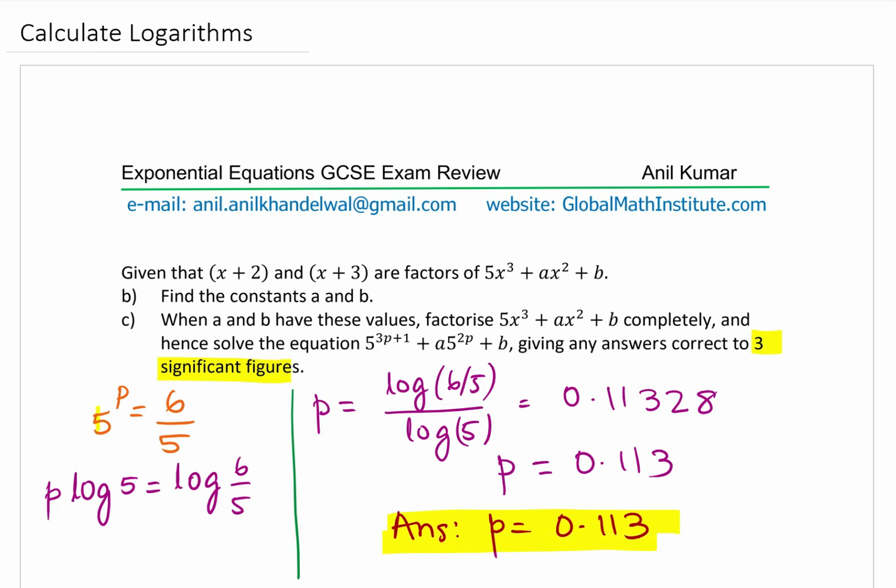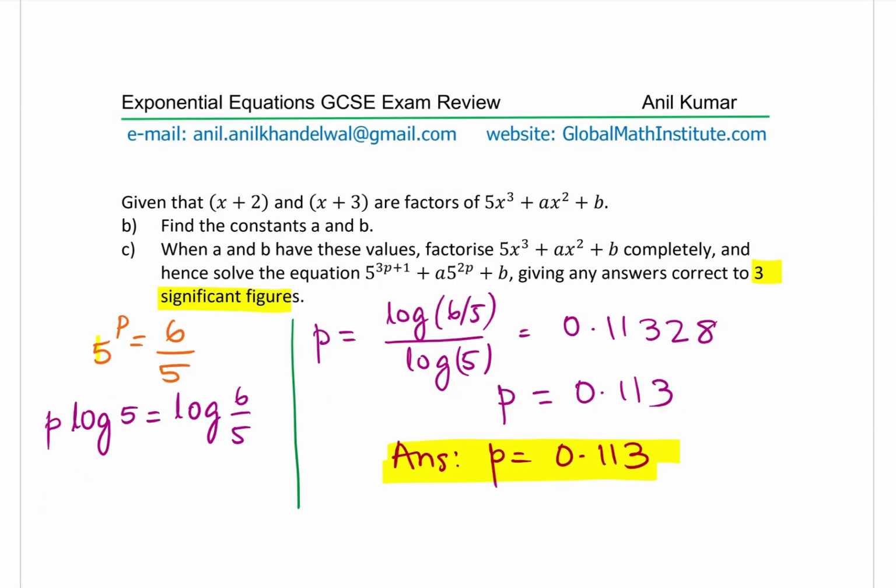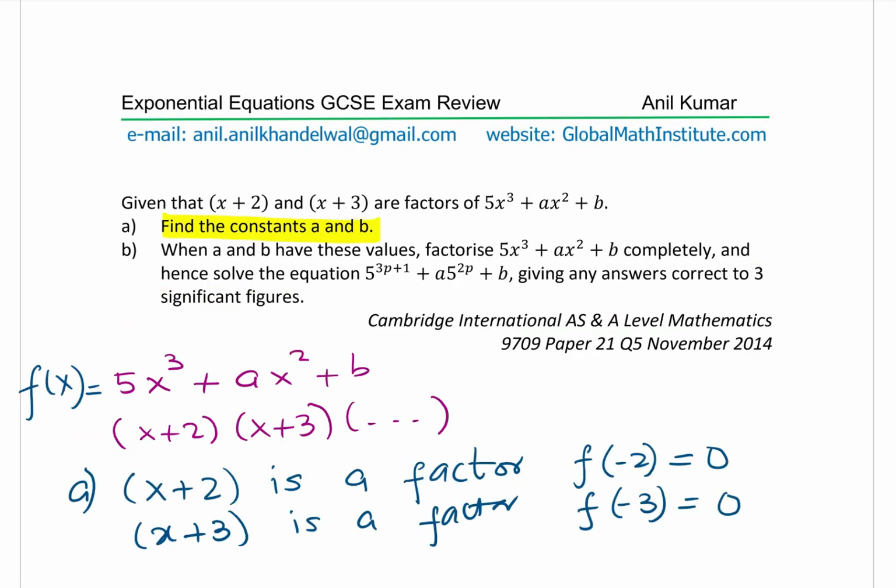I hope that makes sense. Let's look into what we've done just now. So the question given to us had two factors. We were given two factors, and we needed to find the third factor. So we found the third factor as 5x minus 6, correct?